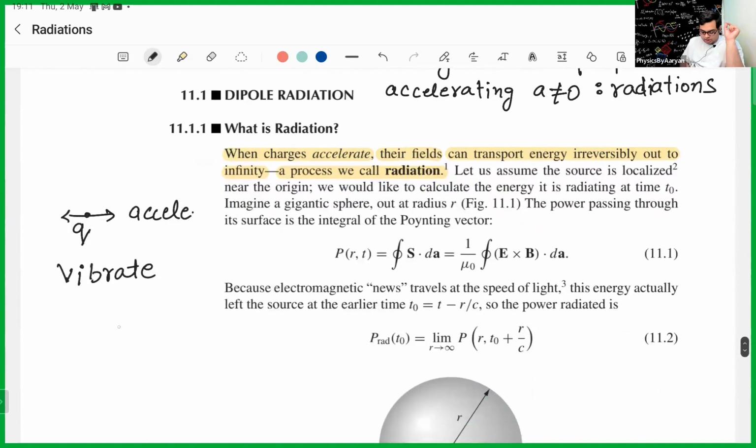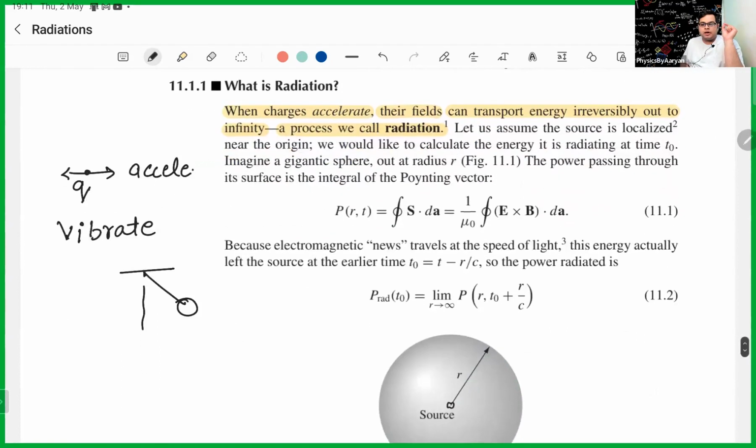So let's say you have a pendulum, and on this pendulum I give some charge Q. And I ask this pendulum to start oscillating. As this charge is oscillating, it is emitting radiation, and finally this pendulum will come to rest.